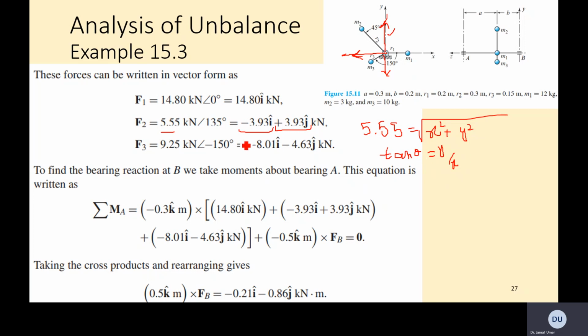Theta is 135 over here, so we have tan 135. You just have two equations, two unknowns. You solve this straight away and you will get the values of x and y. Don't worry about positive and negative signs. You place positive or negative based on the location of the mass. So this is at 45 degrees, so it has x negative, y positive. You just take that one.